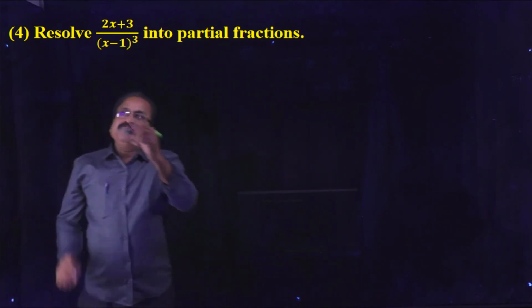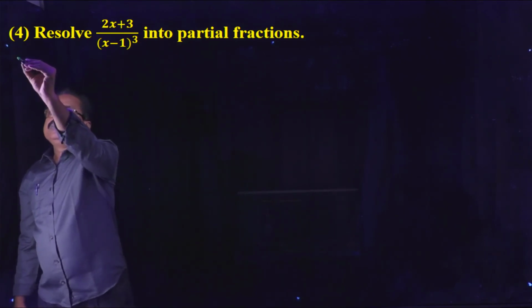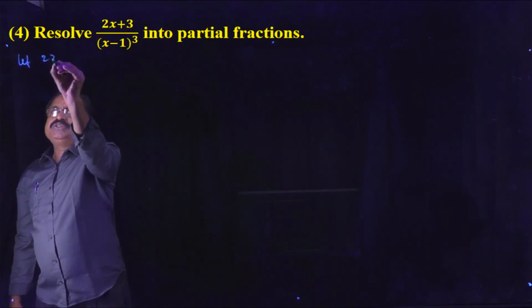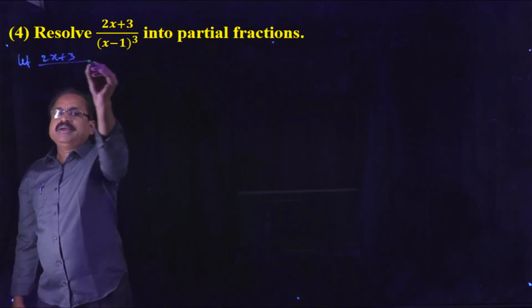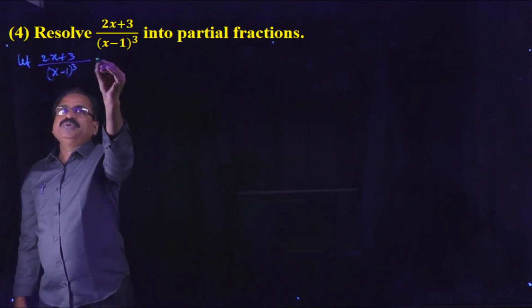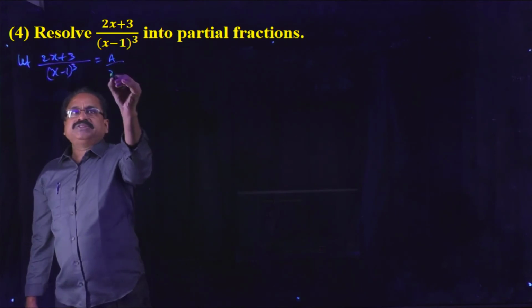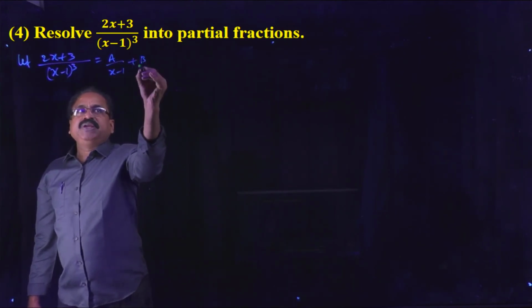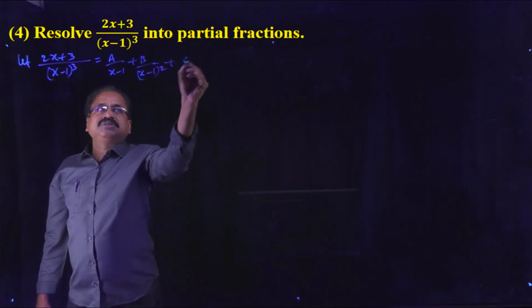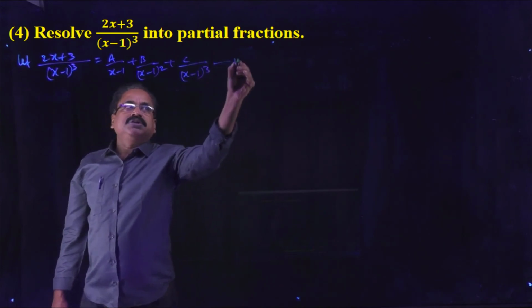Here also, let (2x + 3)/(x - 1)³ = a/(x - 1) + b/(x - 1)² + c/(x - 1)³. This is equation number 1.